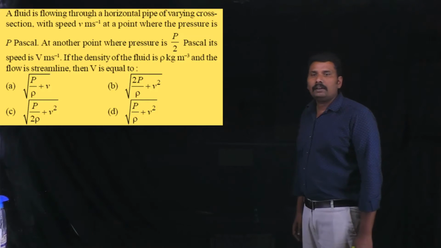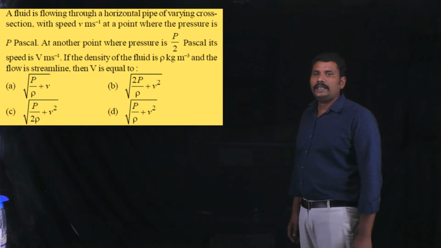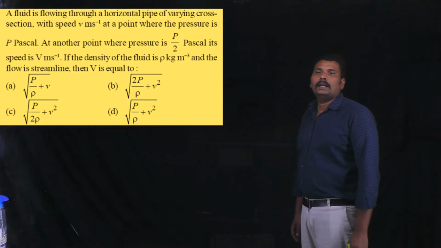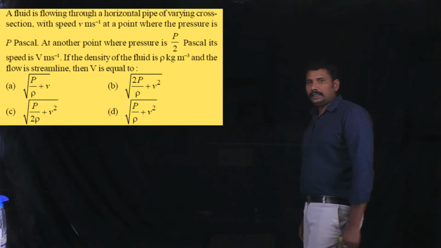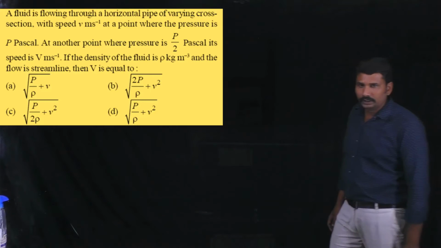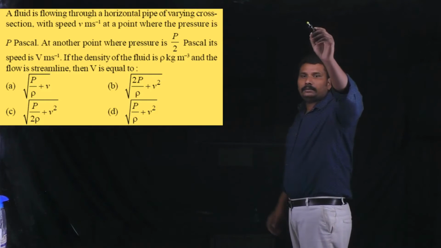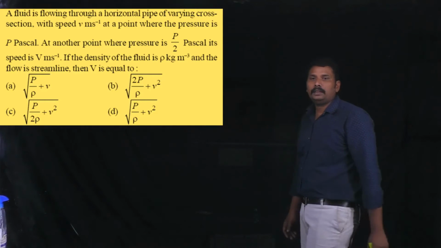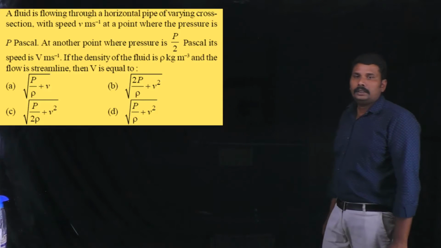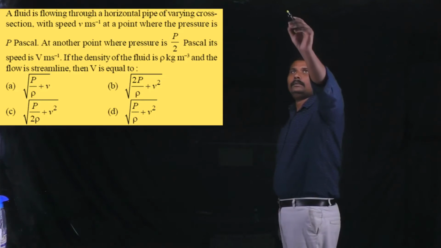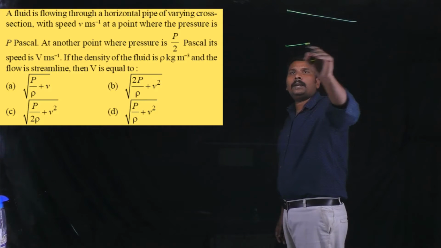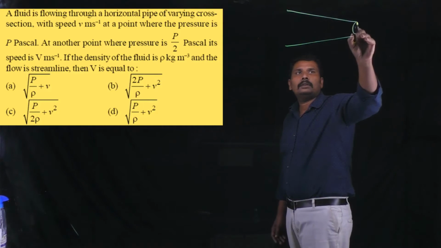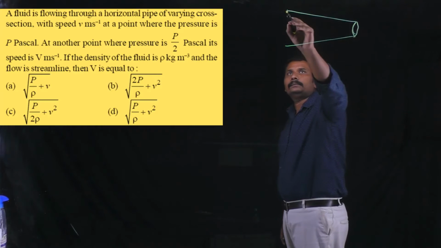If the density of the fluid is rho kg per meter cube and the flow is streamline, then capital V is equal to. In this question, there is a horizontal pipe of varying cross section. It means like this is a horizontal pipe of varying cross section.